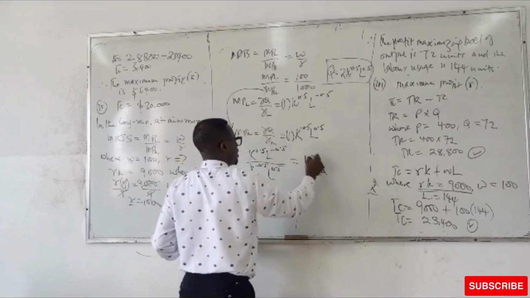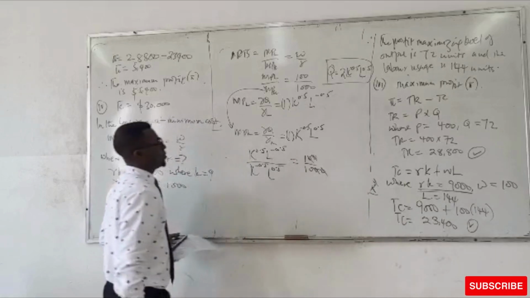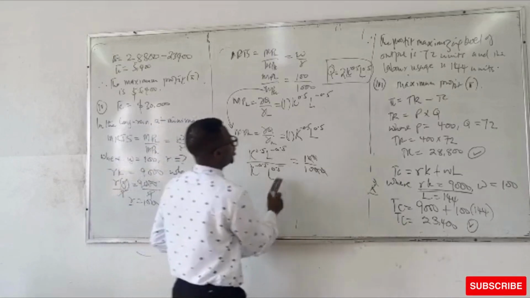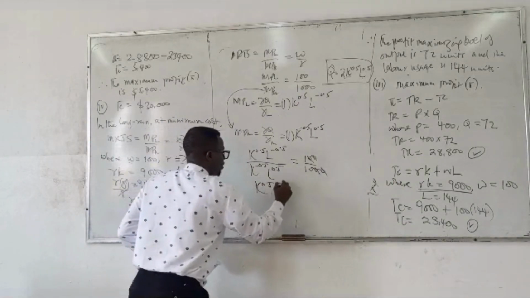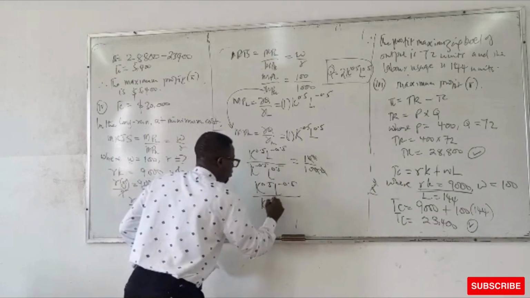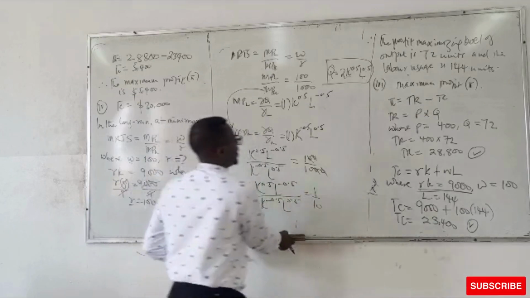So let me cancel these zeros away. I'm going to have 1 over 10. Alright. So before we continue with this also, eventually I'm having K 0.5, L negative 0.5, all over K negative 0.5, L 0.5 equals 1 over 10. That is what my equation states now.